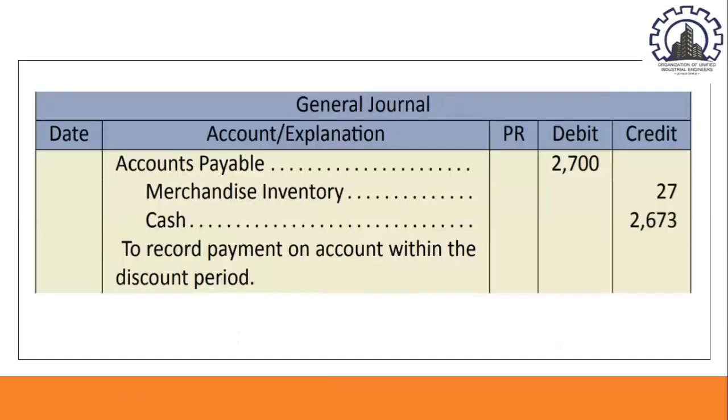You have here accounts payable being debited, so that's going to be $2,700, and merchandise inventory credited, which is $27, and you have cash credited $2,673 to record payment on account within the discount period. So what happens here technically is that the customer got a discount of 1% because he made a payment within 15 days.